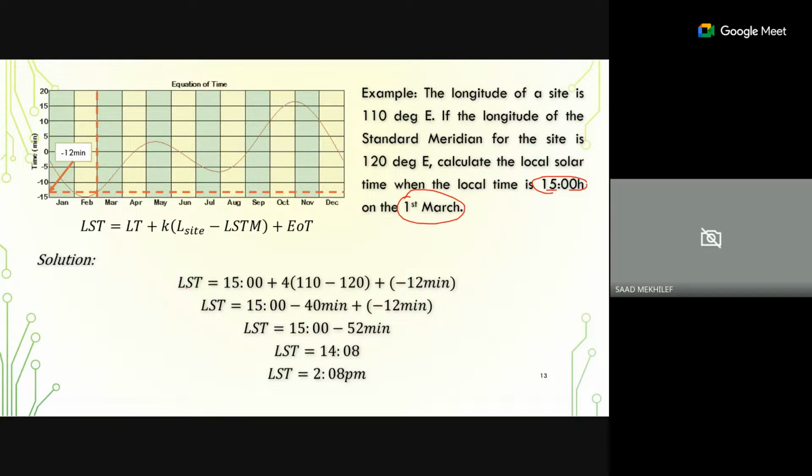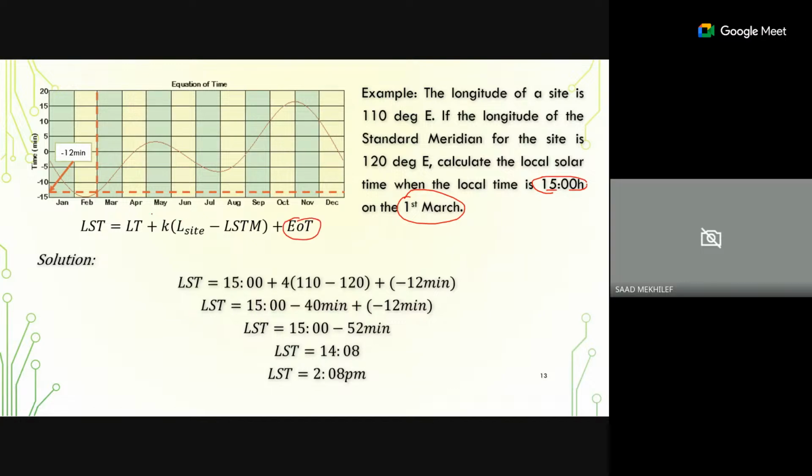So we calculate: LST is equal to 3 p.m., which is the LT, local time, plus K, which is the 4 degrees factor, times 110 minus 120, plus 12 minus 12 minutes. And this 12 minutes is the equation of time.